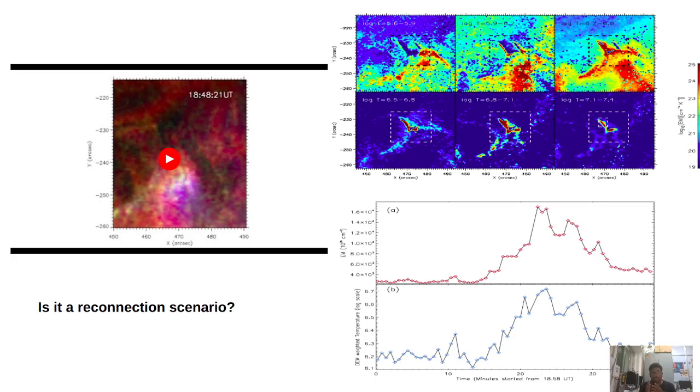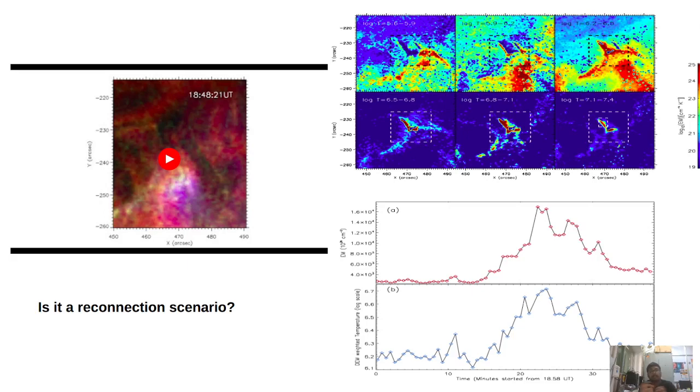From our morphological understanding of magnetic reconnection, two field lines can come close to each other, merge with each other, and then there can be some heating, depending upon the plasma heating property of magnetic reconnection. We just proved the presence of magnetic reconnection in this particular region using differential emission measure analysis, which is nothing but an inversion technique that inverts your intensity images to find out the thermal property of that event in different temperature bands.